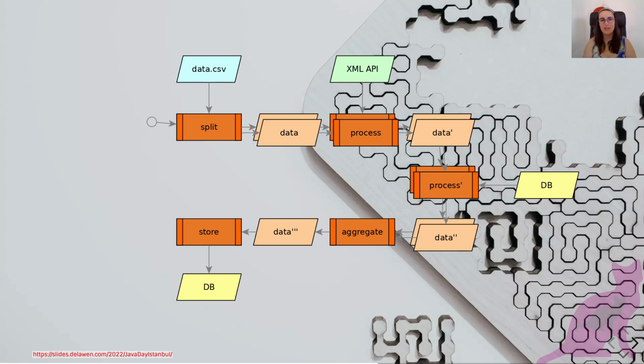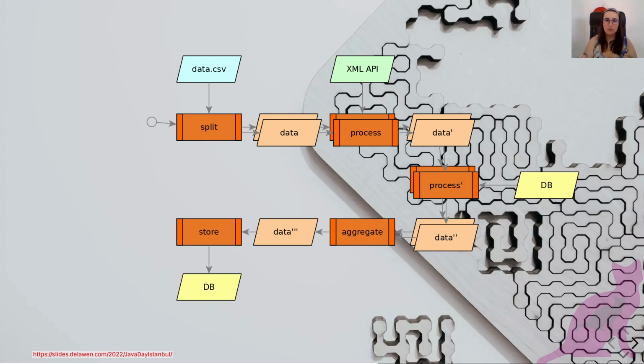Then probably I will need another class for the XML API calling and conflating the data with the rows. Then probably another class or component that interacts with the database through SQL. Maybe another class to aggregate everything into one single JSON. In this case, it's going to be a GeoJSON, but it can be anything. And then finally, another class or function, if I'm bold, to store into a database.